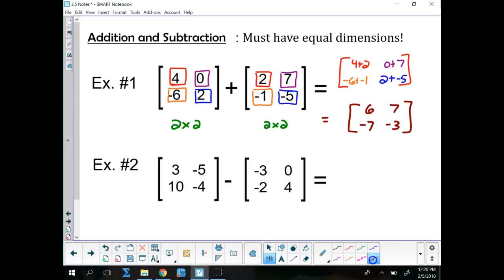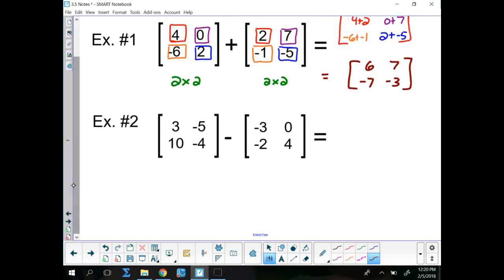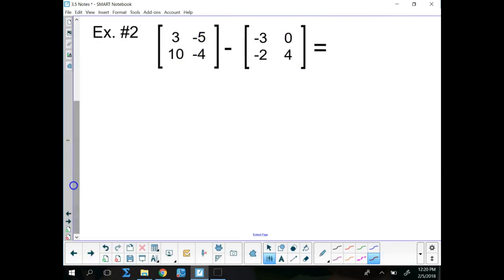You try that one. I get, in the end, the 2 by 2 matrix of 6, negative 5, 12, negative 8.